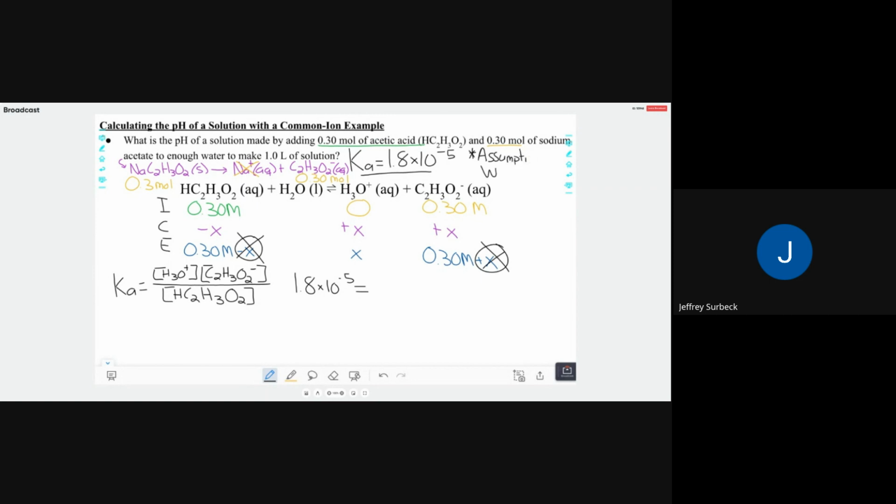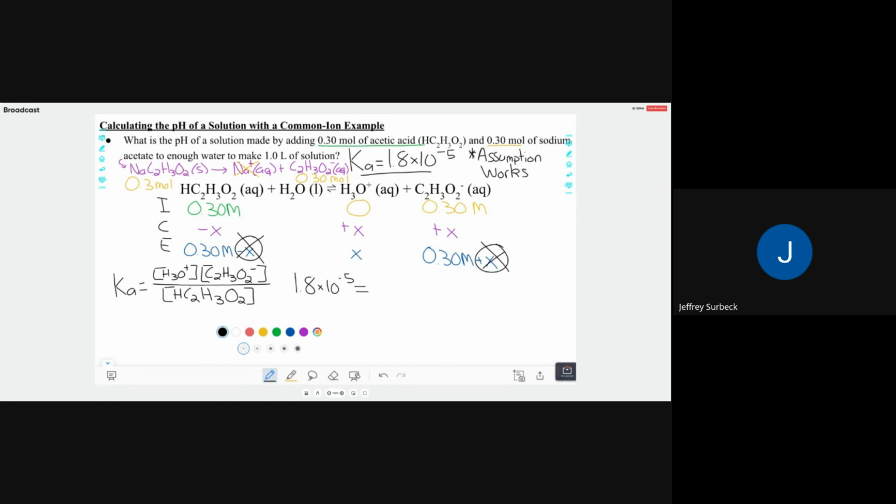Okay, because what Hannah said there, we take Ka times 100, we compare that, it has to be much, much smaller than our original concentration. It does, and that's why we can get rid of those X's.